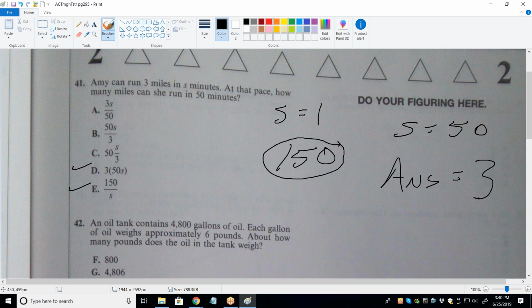Now again, you don't get that, you don't get that, you don't get that, and you do get that. So when we used s equal to 1, we got D and E. And we went back and picked a different s, and we got A and E.